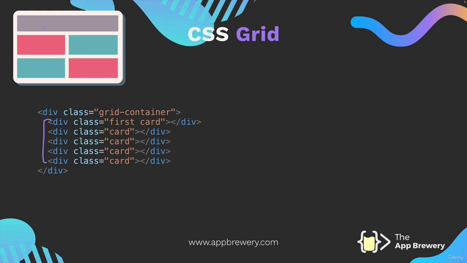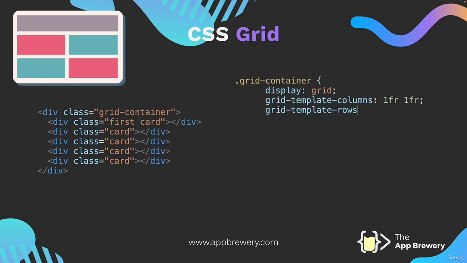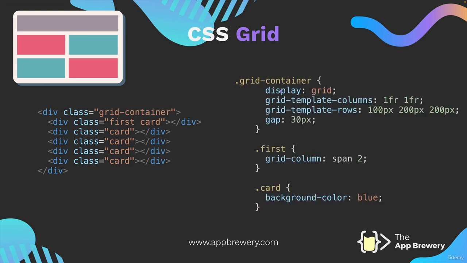So notice there's 5 squares here, 1, 2, 3, 4, 5. And each of these divs are given a class called card, but the containing div gets a different style. And we apply the display grid to the containing div.